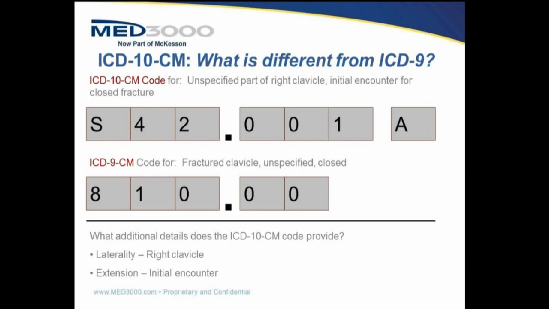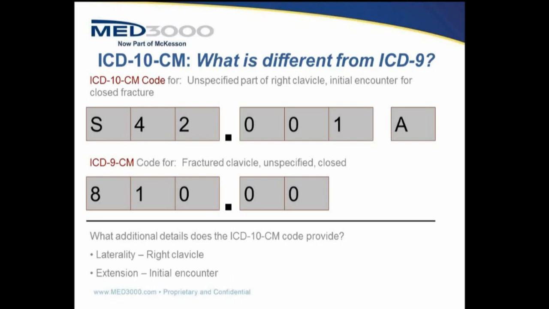Is it for an open fracture, a closed fracture? So you can see here the example that we have when we're talking about the orthopedic diagnosis codes. And what additional details does the ICD-10 code provide? It's showing us the right clavicle, and then the extension was the initial encounter.